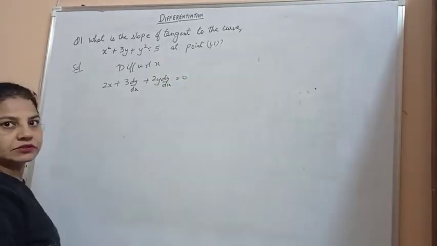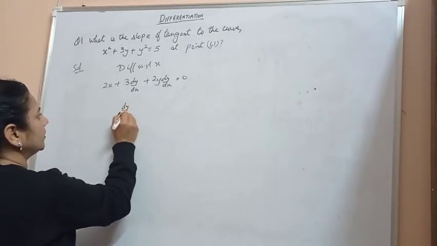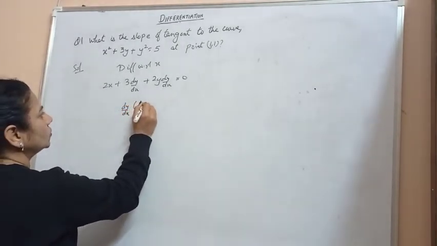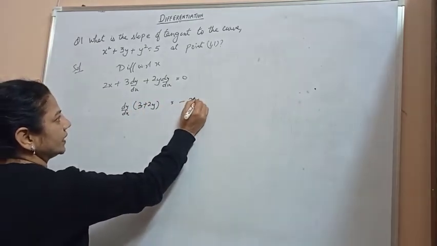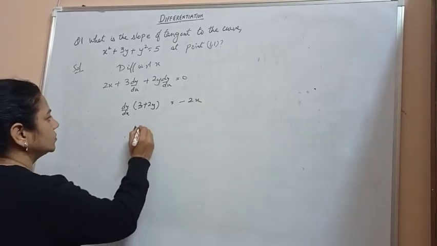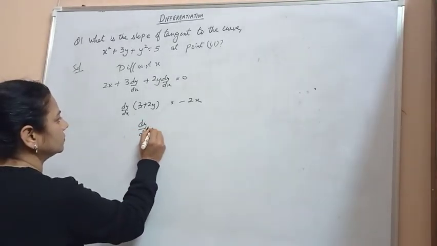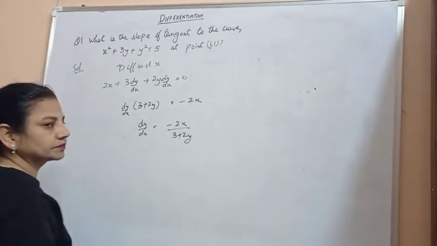The constant term becomes 0. So take dy by dx common. Dy by dx times (3 plus 2y) is equal to minus 2x, as 2x changes the side. So dy by dx is equal to minus 2x upon (3 plus 2y).